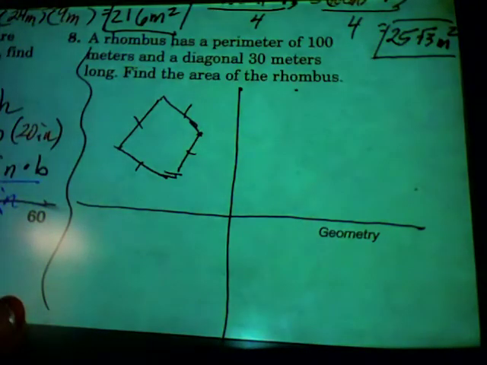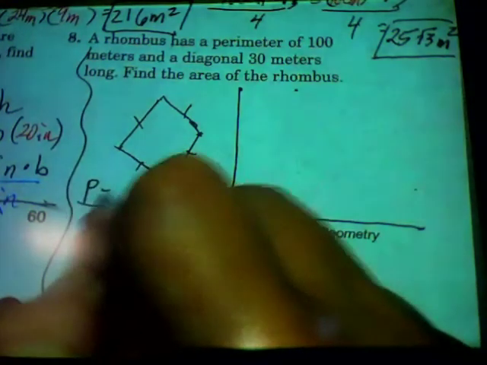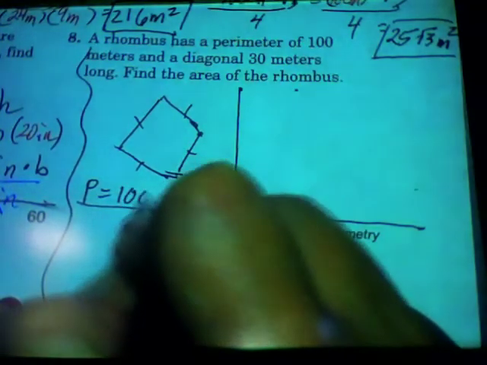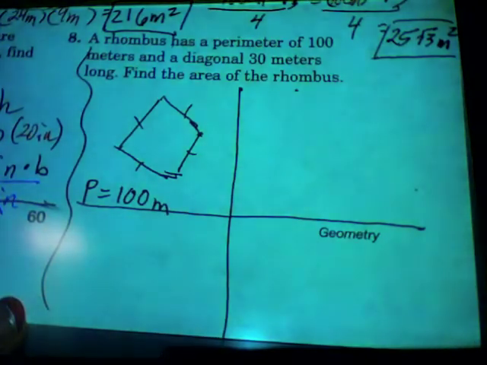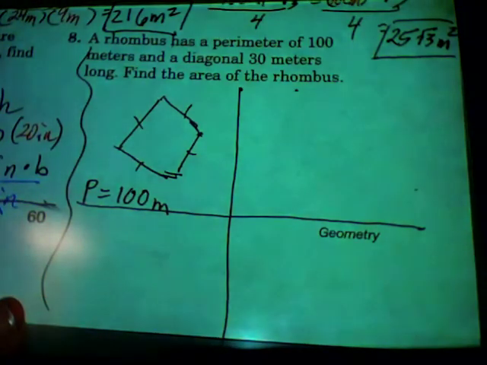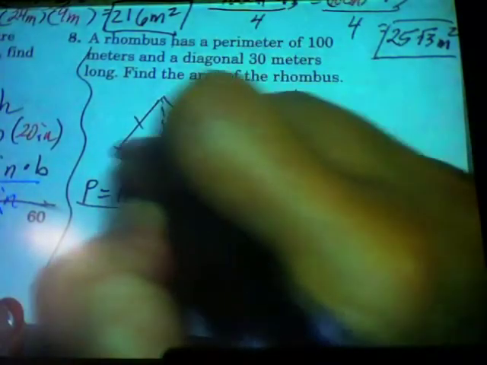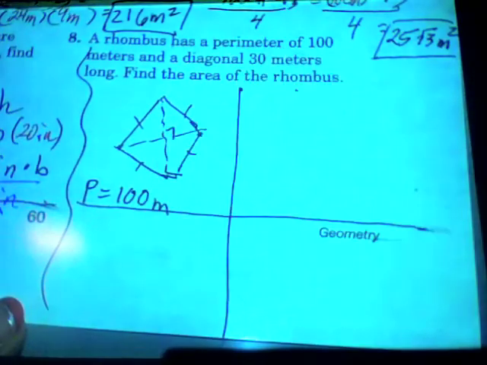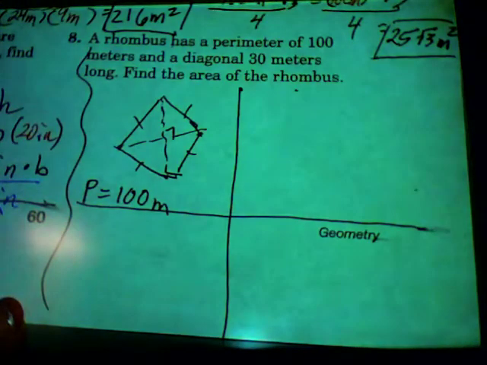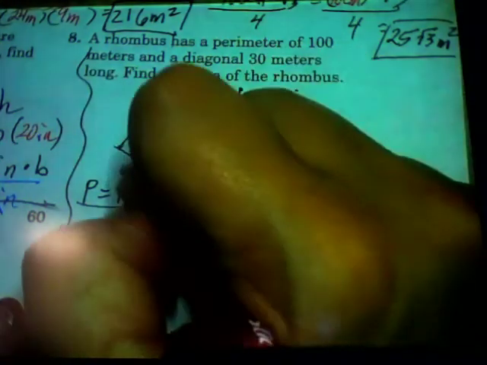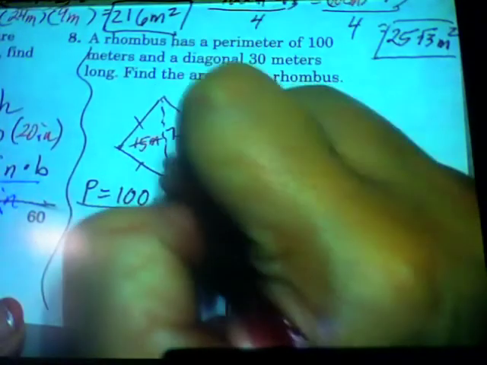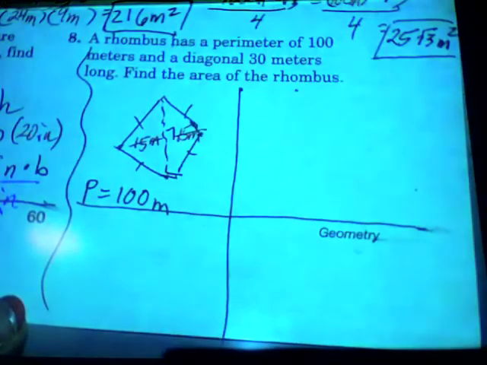It has a perimeter of 100 meters and a diagonal 30 meters long. Don't worry whether you put the diagonal in the right place or not. There's a long diagonal and a short diagonal oftentimes. And I know that those are right angles. So if one of the diagonals is 30 meters long, doesn't that mean that this would be 15 meters and this would be 15 meters? I like to split them up for a reason.